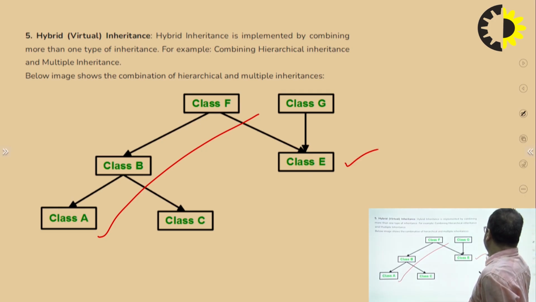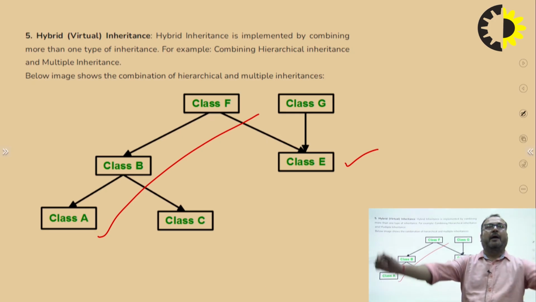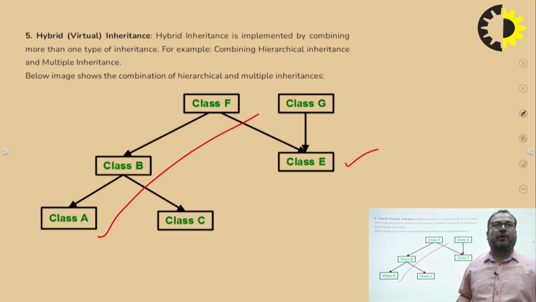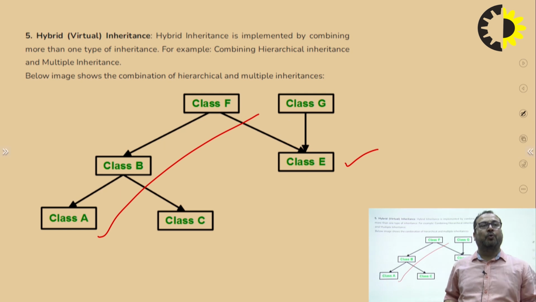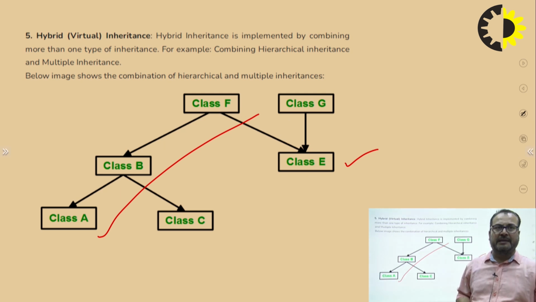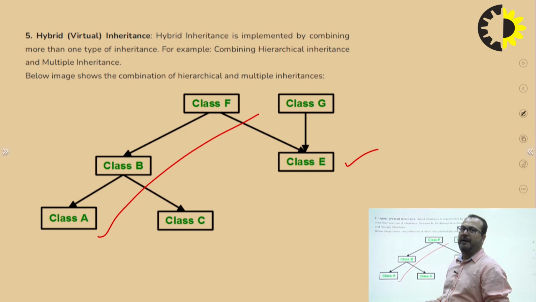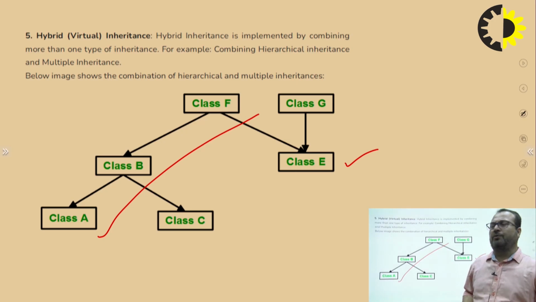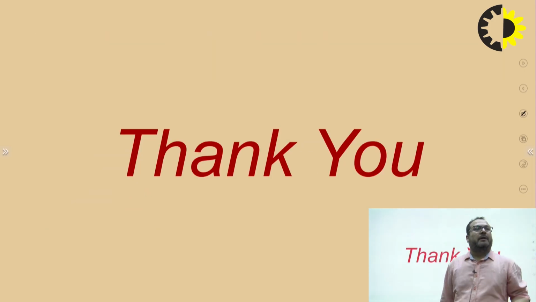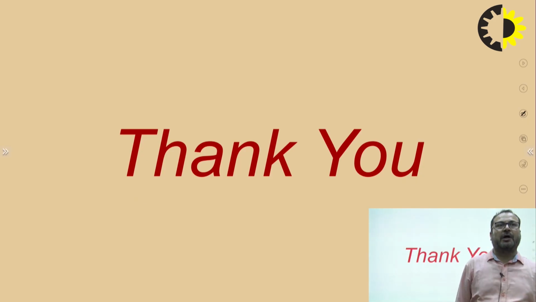Yes. This class is going to inherit class F as well as class G. So a class which inherits two or more types of inheritance comes under hybrid inheritance. Like this way. So this is all about the inheritance.